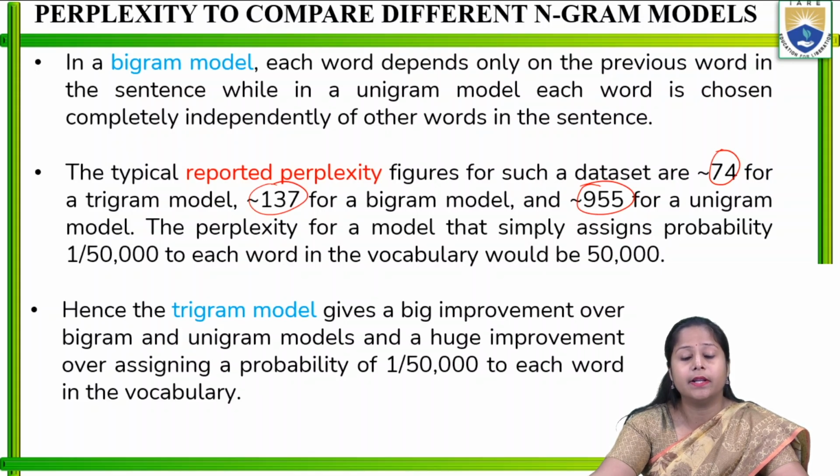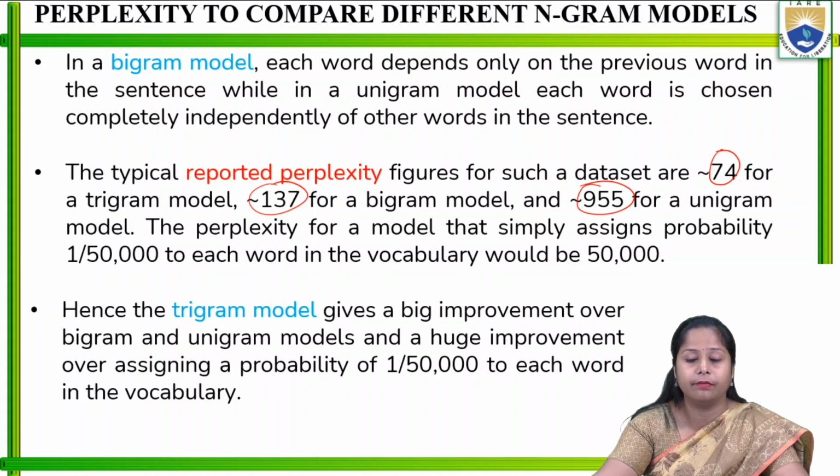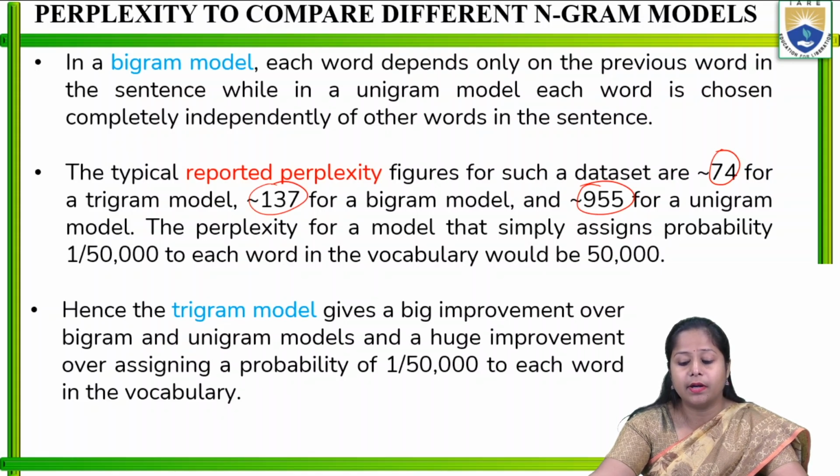For each model, task and application, the model will work differently, so which model works best we have to evaluate and compare. Overall, it is a huge improvement over assigning a probability of 1 divided by 50,000 to each word for a vocabulary of 50,000.